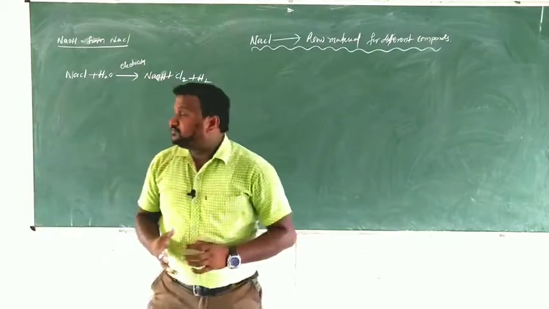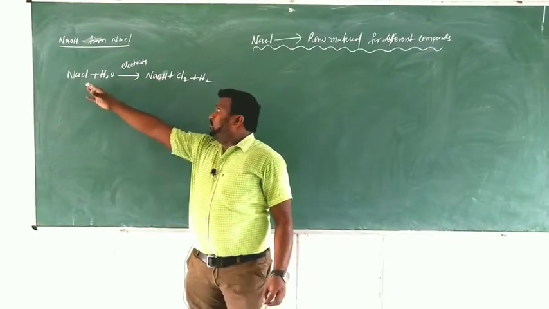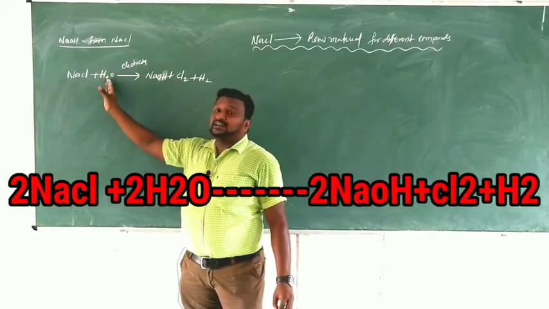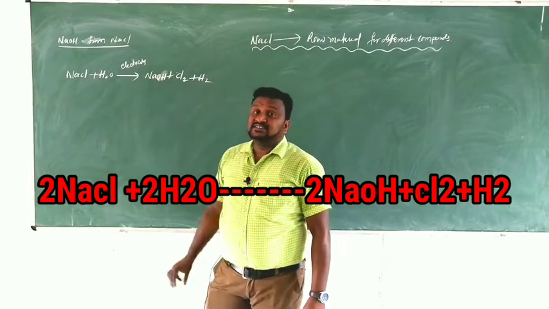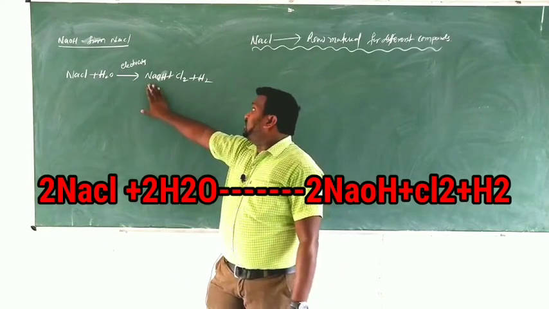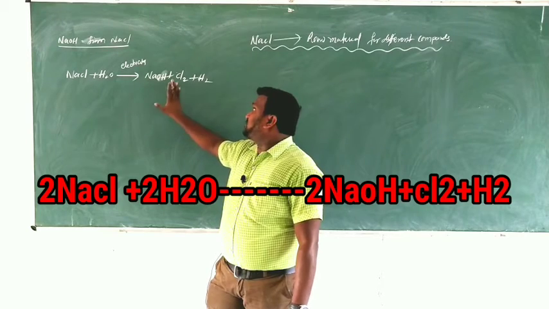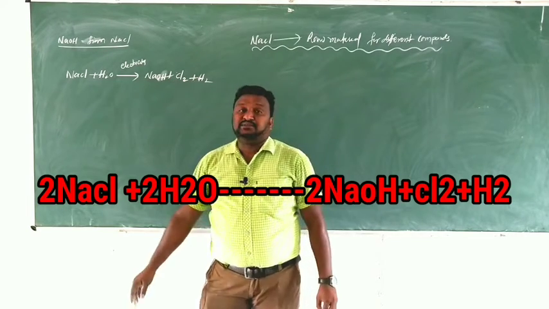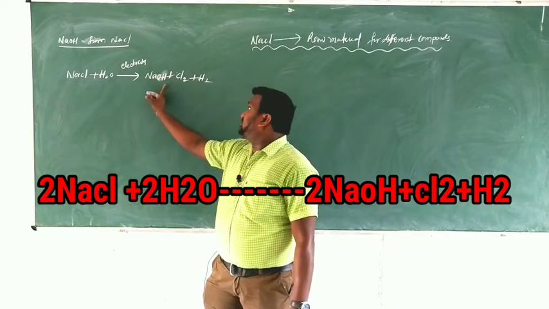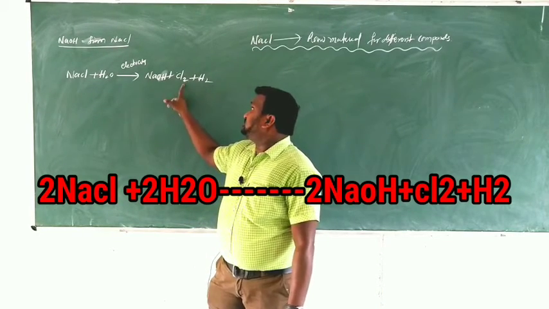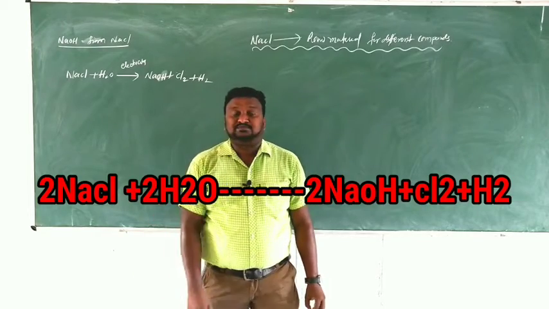Look at the equation. When we combine sodium chloride with water and carry out the experiment in the presence of electricity, we get NaOH, which is aqueous, plus chlorine and hydrogen, and these two are gases.